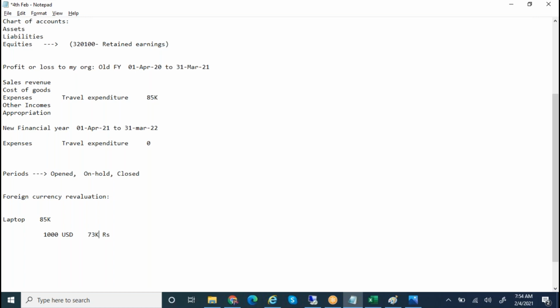Then I can pay 73K. Now he brought it on the day. All of a sudden, instead of 73K for 1,000 US dollars, the rate increased to 90 rupees. $1 equals 90 rupees.